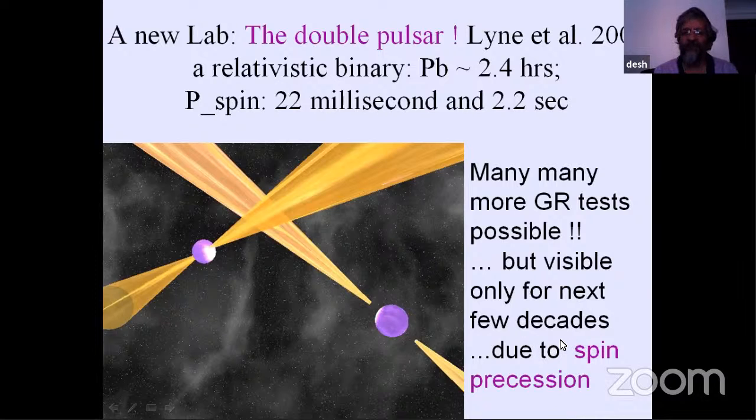I mean, you can see the spin precession due to geodetic precession. For example, right now, the second pulsar has disappeared from our view because we are not in its sweep of the cone. When the inclination of the rotation axis evolves and changes favorably, we might come in its view, and then we might begin to see this pulsar again. So people are actually eagerly looking for this.